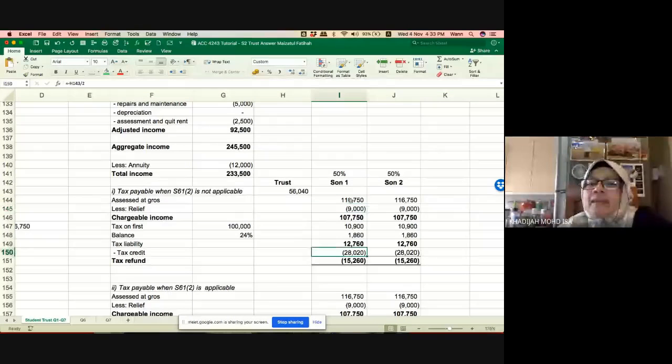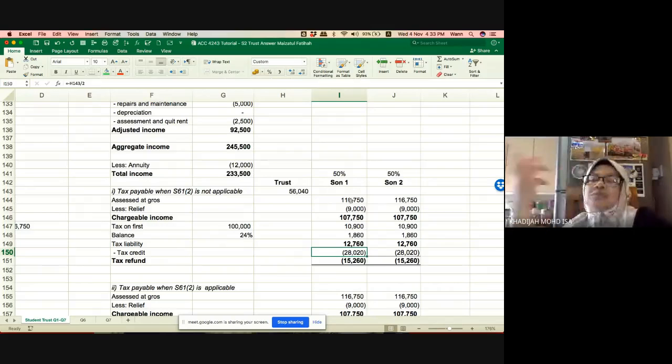Okay. Let's say that, for example, what is assessed at gross is because of the beneficiary punya discretionary punya trust. Right, because of the discretionary, your statutory income is based on your amount received, whichever is lower, isn't it?